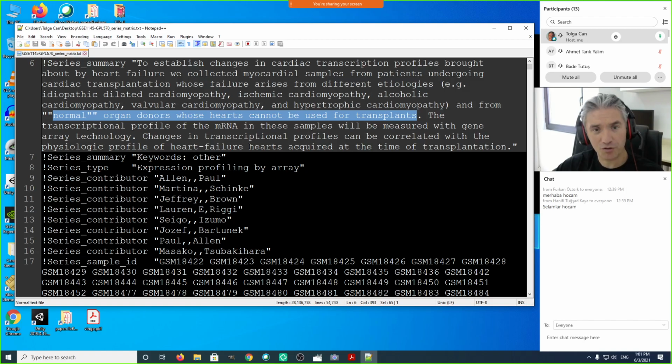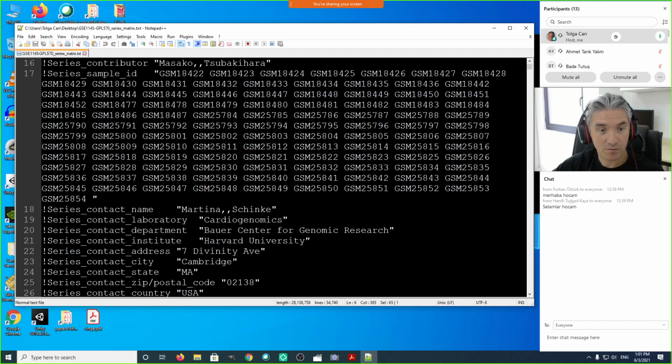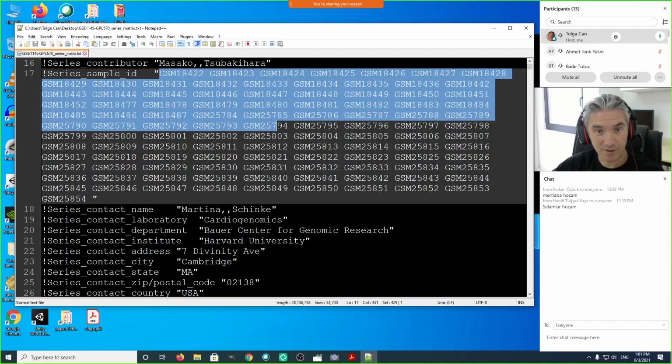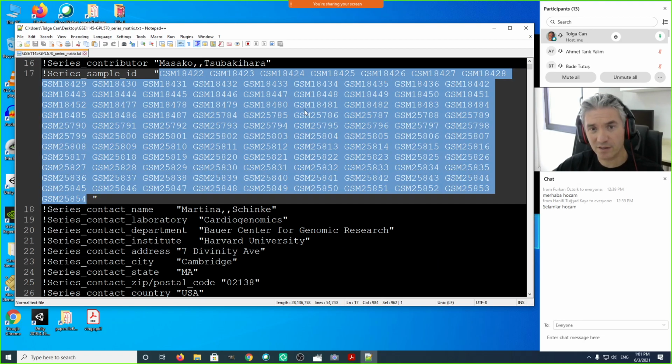normal cardiac tissue, normal heart tissue, and heart biopsy from diseased hearts. So these are all the samples that we have here. It's not 107. These GSMs only contain the chips that use the same technology.